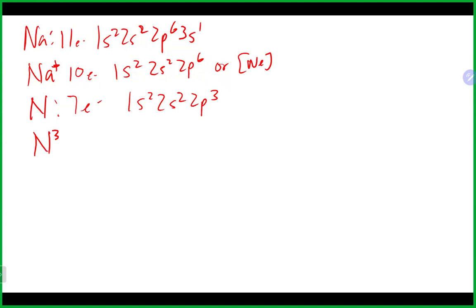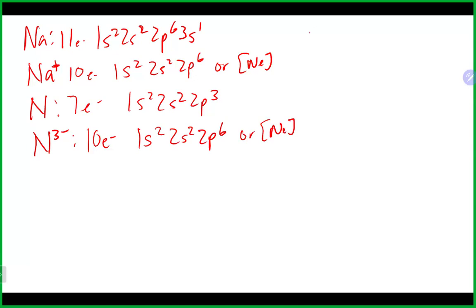Nitrogen will make nitride, which has a -3 charge. That is negative, which means it has gained electrons. It's gained 3 electrons. It also has 10, which means its electron configuration 1s2, 2s2, 2p6 in this case. That is also 10, which means it has the same electron configuration as neon.